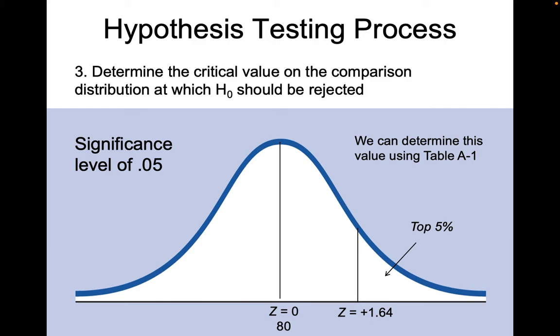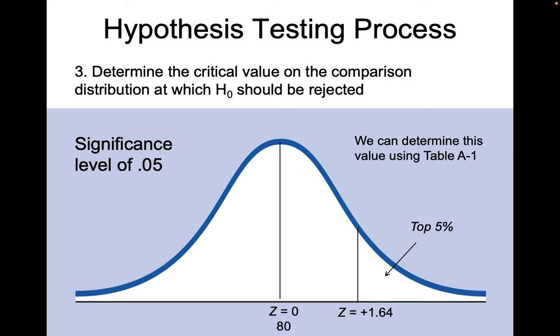But the important thing to know is that in a normal distribution and in a normal curve, there's a specific z-score associated with specific probabilities, and the specific z-score that is associated with the top 5% of the distribution is a z-score of 1.64. Now, it's important to point out that we're interested in the top 5% of the comparison distribution because of the hypothesis of this particular study.